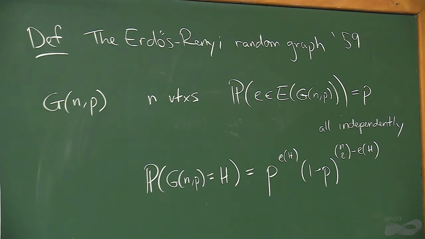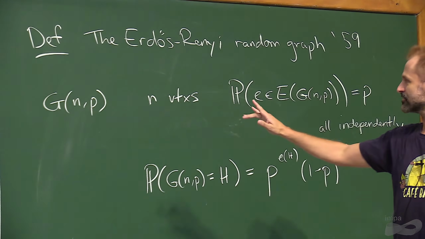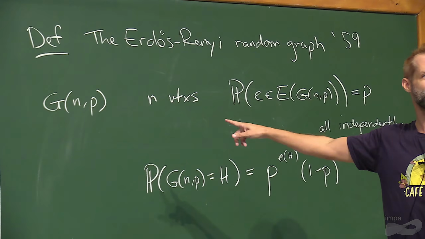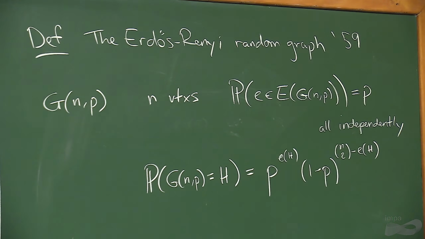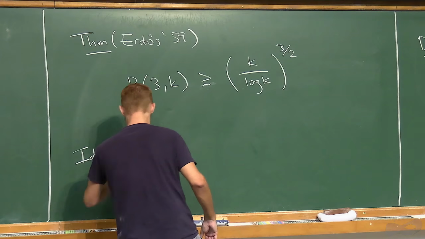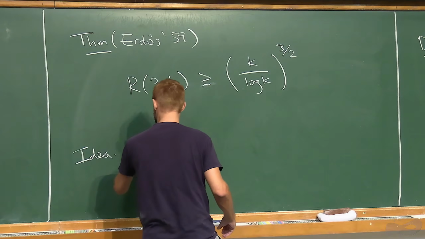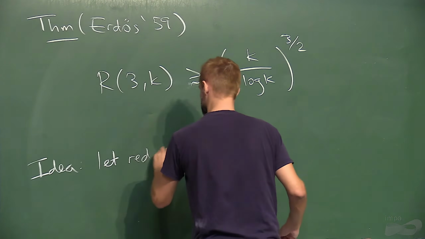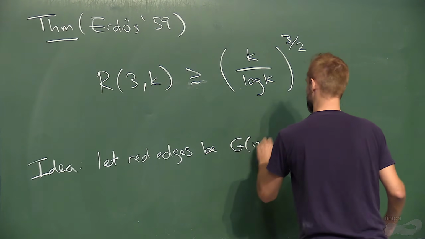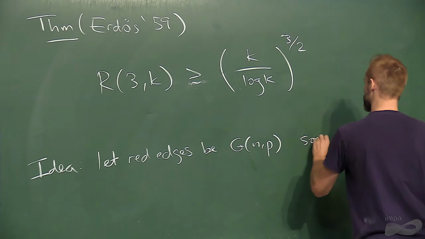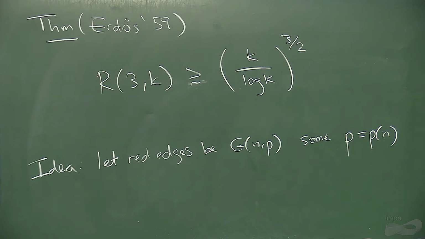So let's try to pick our red edges using this random graph. Idea: let the red edges be G(n,p) for some well-chosen function p(n).